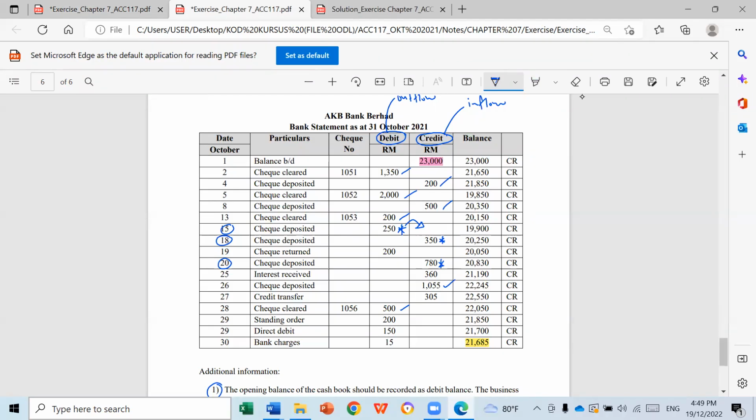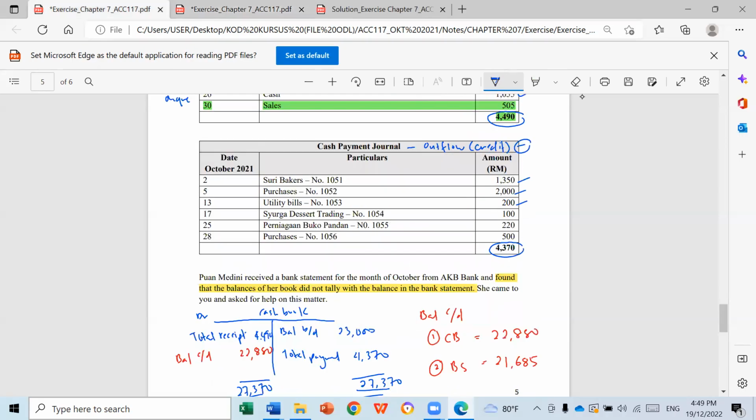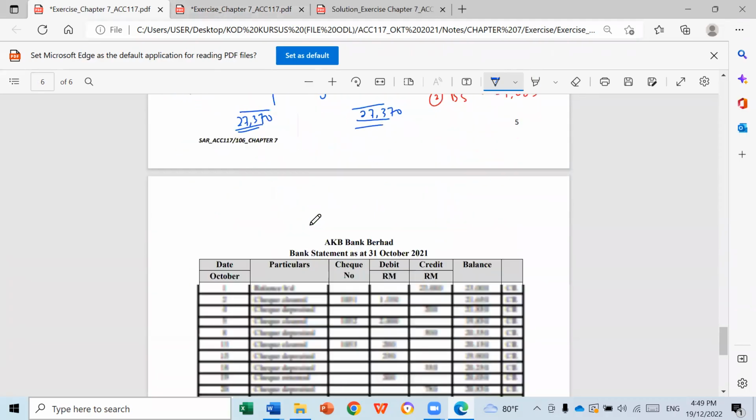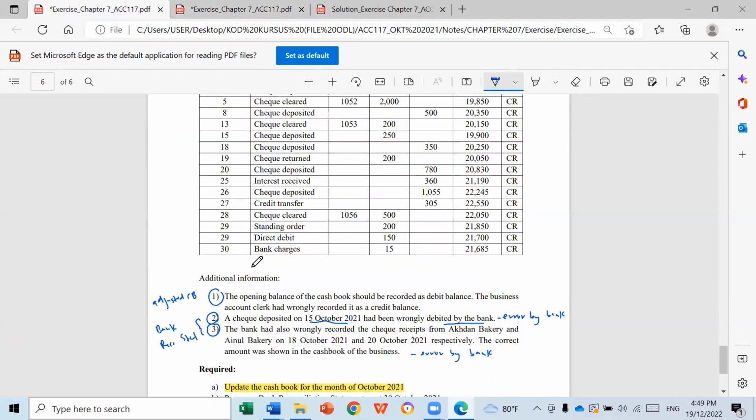So there are two items that appeared in the cash book but not in the bank statement. Are there any errors regarding these checks? As you can see, we have identified all the information in the additional information.